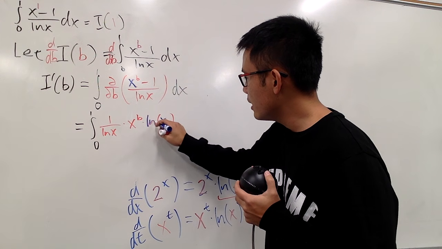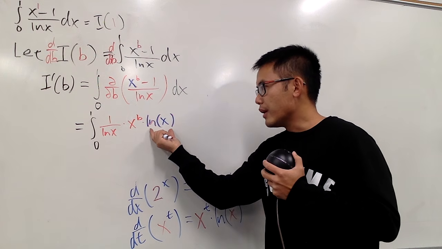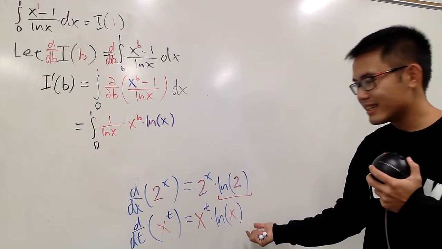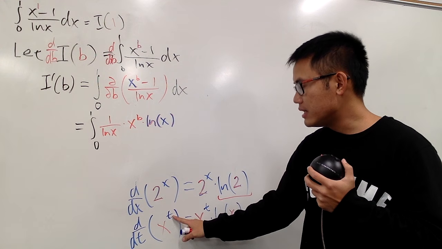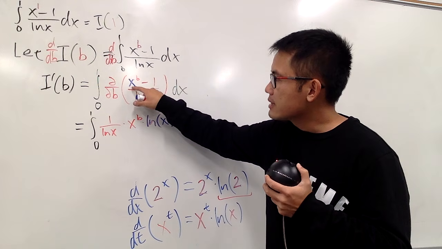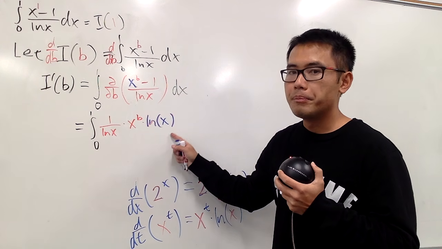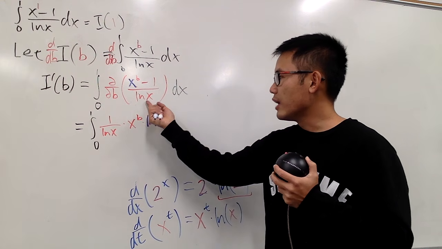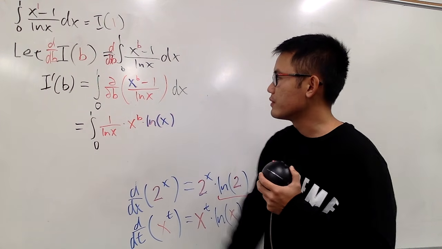And let me just make this right here in blue. This ln x, we got it just like that, right? You see, the base was x and the variable was t. Then we get x to the t times ln x. The base was x, the variable was b, so we get x to the b times ln x. And then this ln x in the denominator was considered to be a constant, so you put it in the front first.